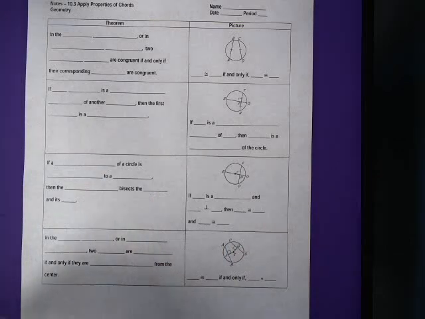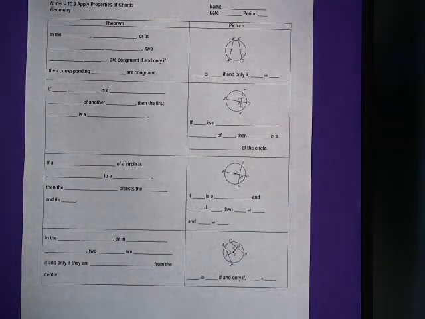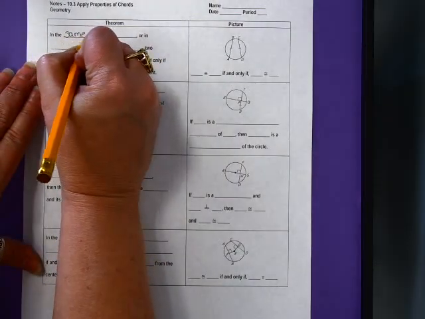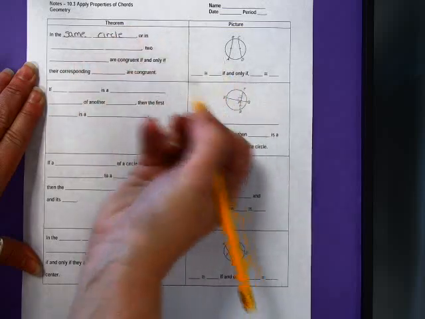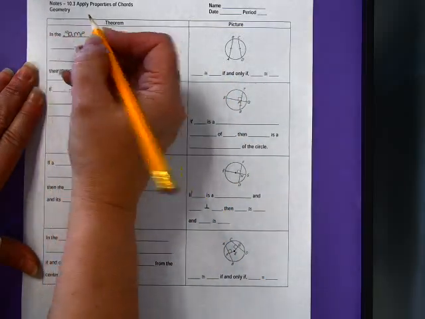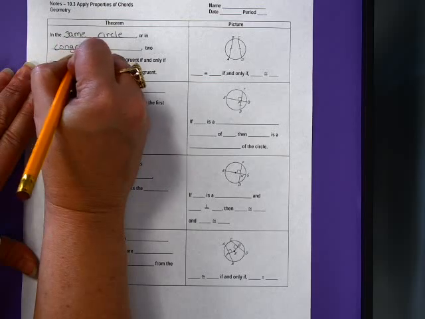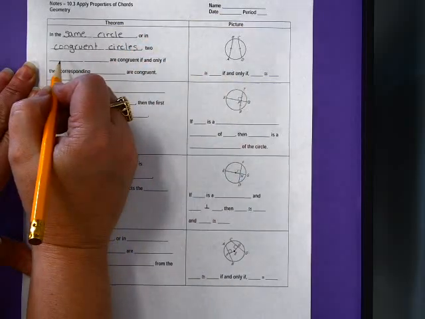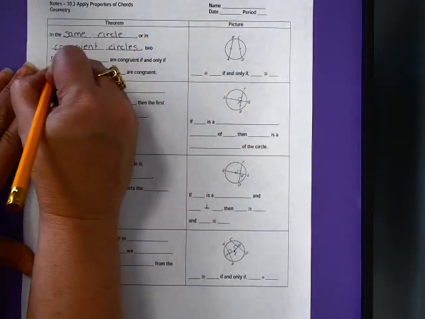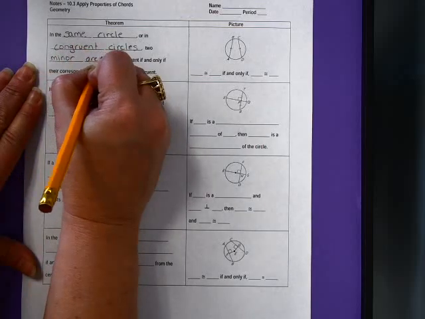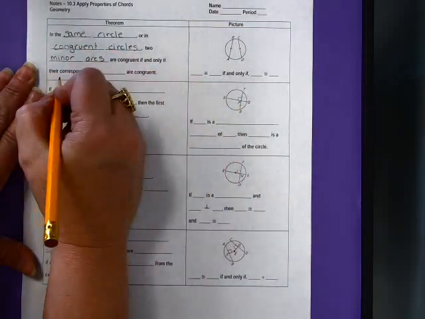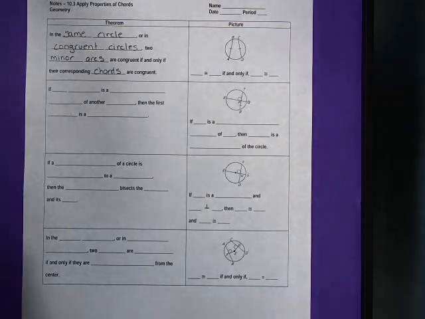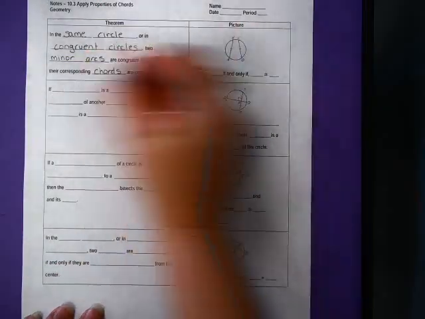We're going to start here with a few of our theorems, and the first one says, in the same circle or in congruent circles, two minor arcs are congruent if and only if their corresponding chords are congruent. Okay, so if you look at the picture, what that means is we have the same circle.